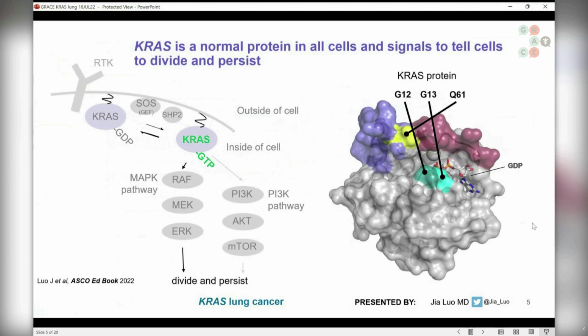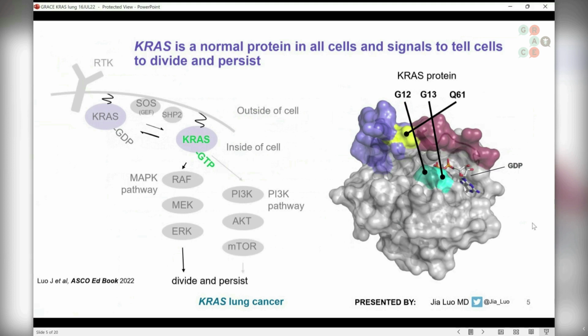So what exactly is KRAS? So illustrated here on the left-hand side are proteins that are outside and inside a human cell. And the more common subtype of lung cancer people may have heard about is something called EGFR lung cancer, which was discussed earlier.